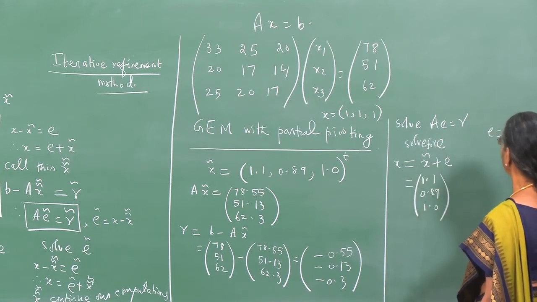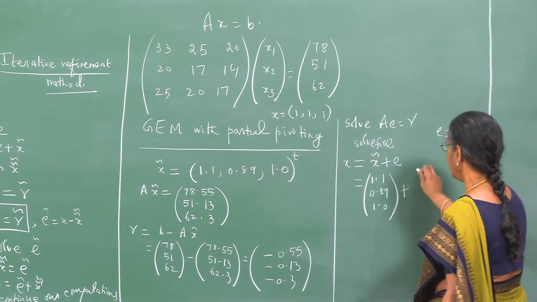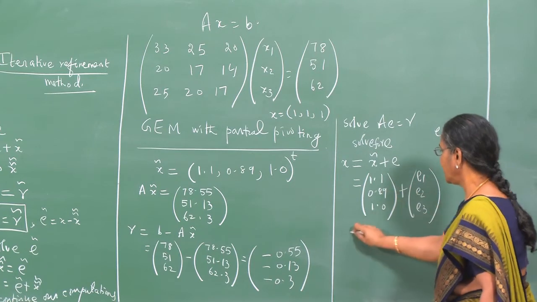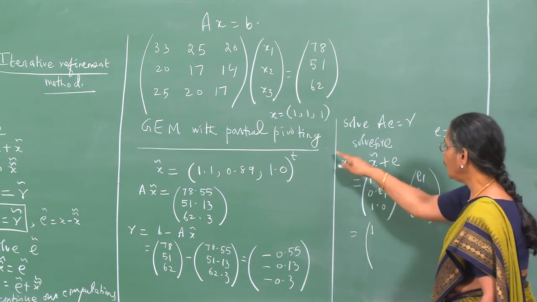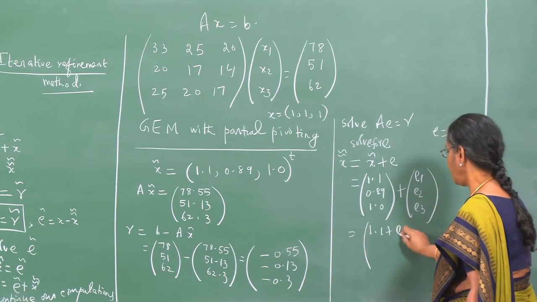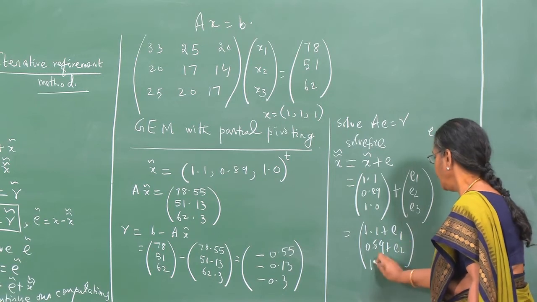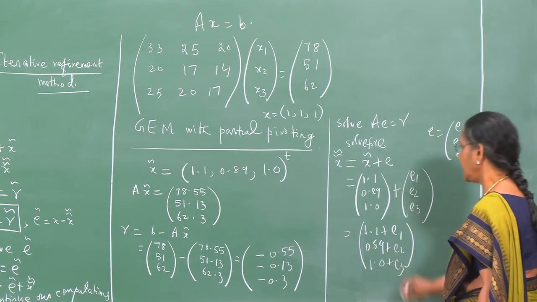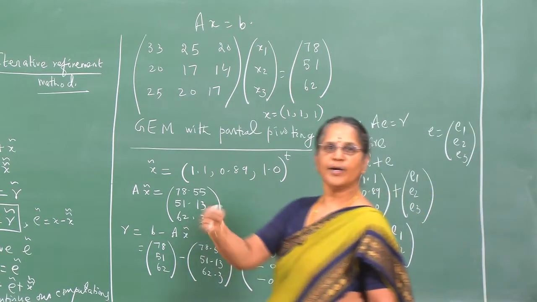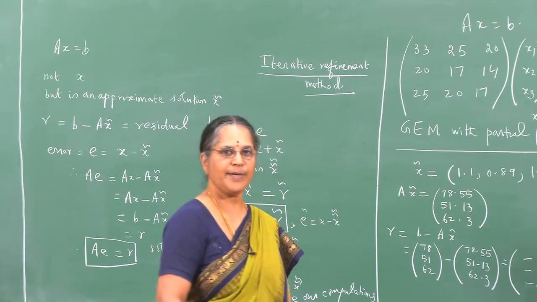Suppose you compute your E to have components E1, E2, E3, then add this vector to x tilde. So, your new x, which I call x double tilde, will be 1.1 plus E1, 0.89 plus E2, 1.0 plus E3. So, this is your new solution. This is your new approximation to the solution of the system Ax is equal to b.